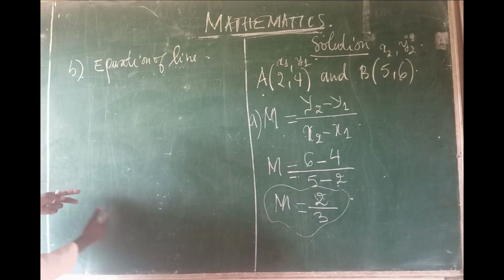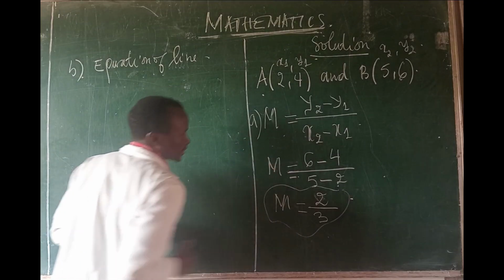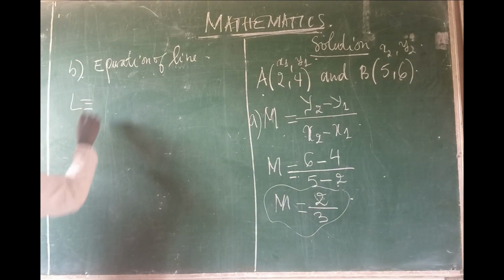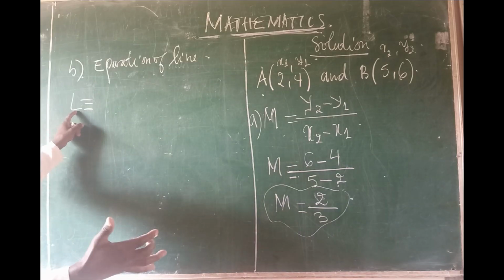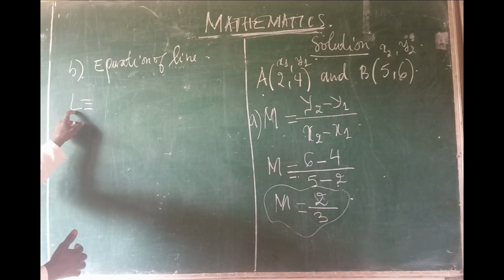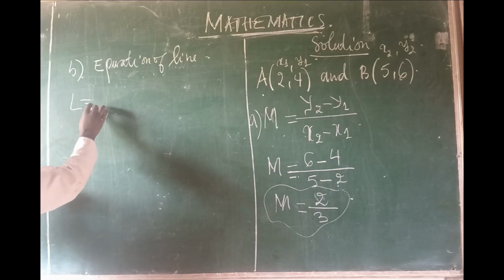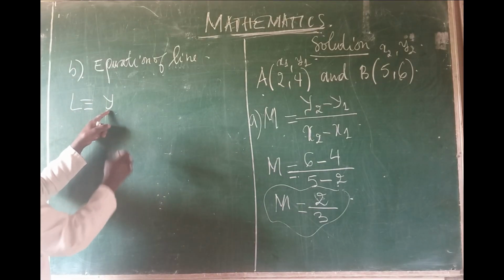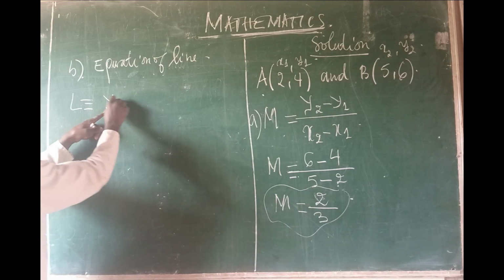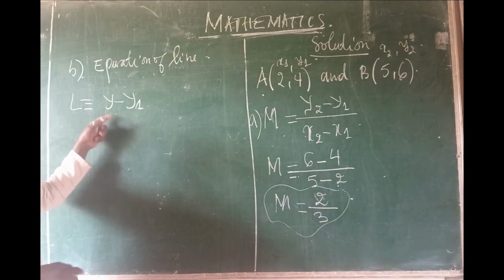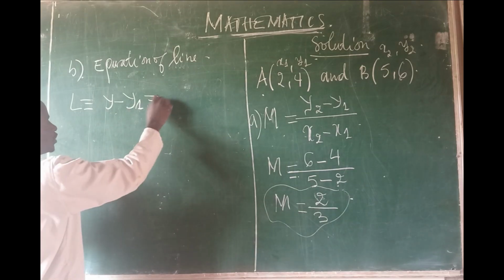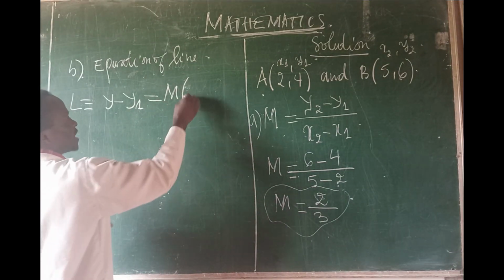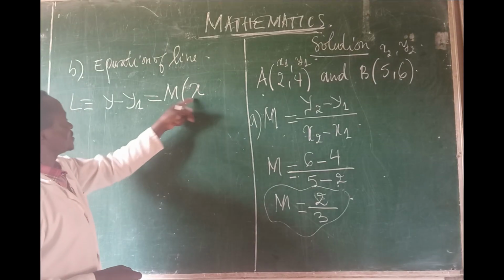So, instead of writing solutions, now the equation of the line should be: y minus y1. y is a constant one, we don't need to substitute y, y1. Equals the gradient that you have seen, times open bracket x, also a constant similar to this one.